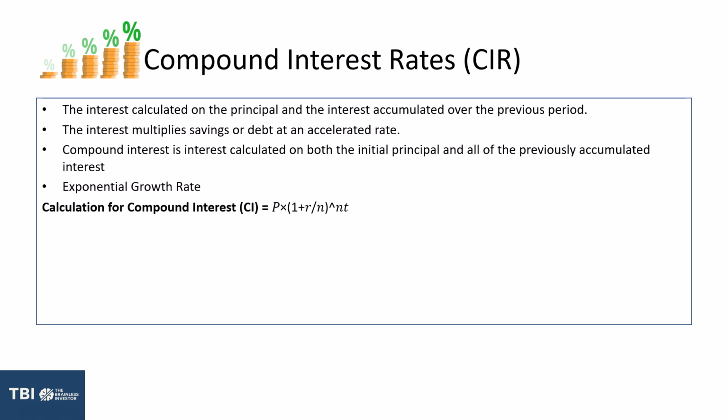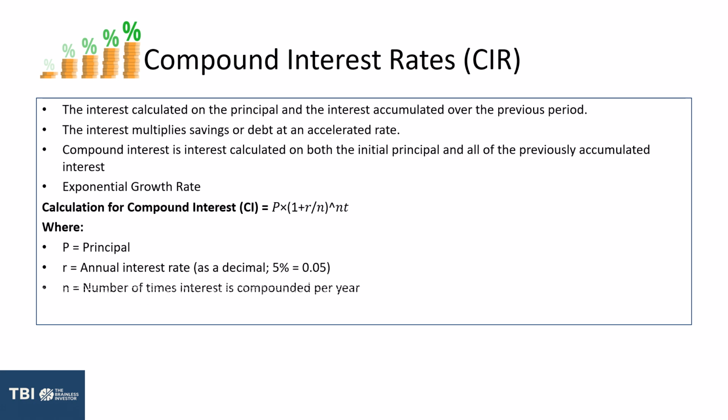The calculation for compound interest is P times (1 plus R over N) to the power of N times T, where P is the principal, R is the annual interest rate in decimal again, so 5% equals 0.05, N is the number of times interest is compounded per year, and T is time in years again.